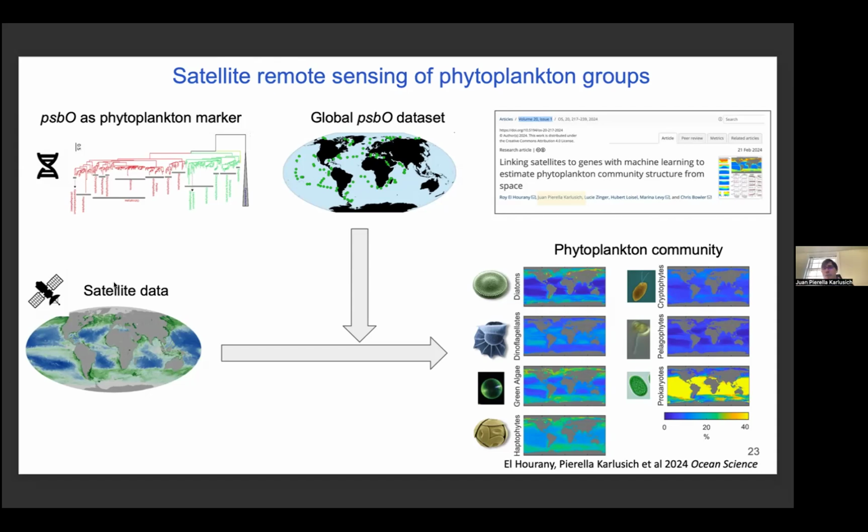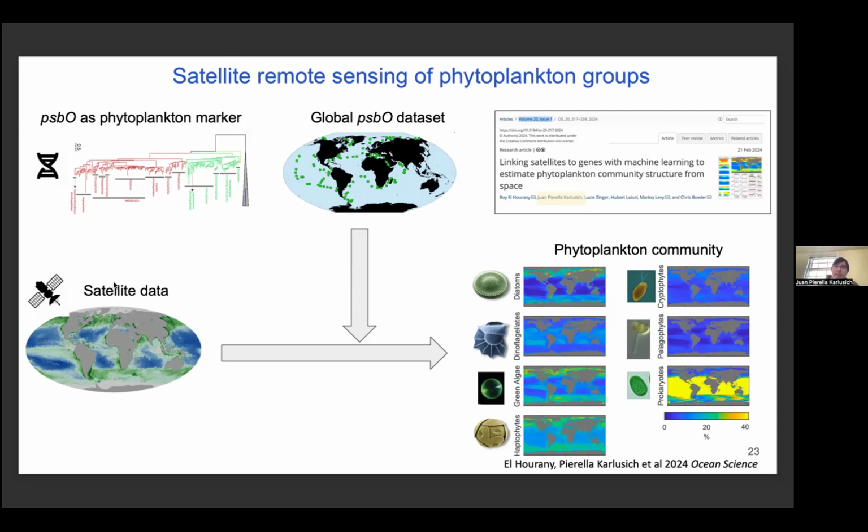And we were able to generate or estimate global biogeography of the different main phytoplankton groups, covering the whole ocean, the whole maps. This is a very promising approach of integrating omics and satellite for analyzing biodiversity at global scale, because with satellite data we have the advantage that we can cover the whole ocean and also in a high temporal resolution.